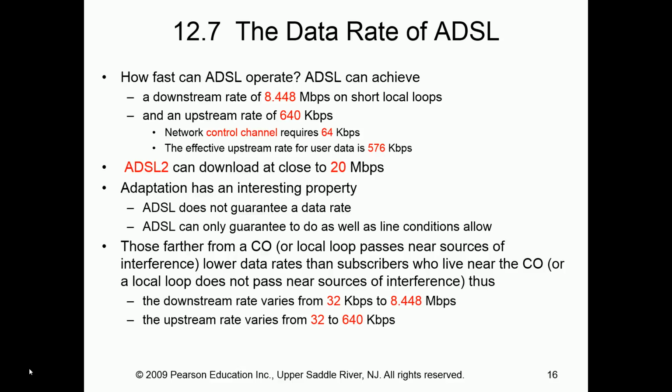So let's talk about the data rates of our ADSL, or DSL in general. Again, this is an older technology, so it's still a broadband, but still fairly older technology. We're looking at between 8 and 9 megs of download speed and 640 kilobits of upload speed. Though, again, these numbers are so skewed. ADSL 2 can download at 20 megabits per second.